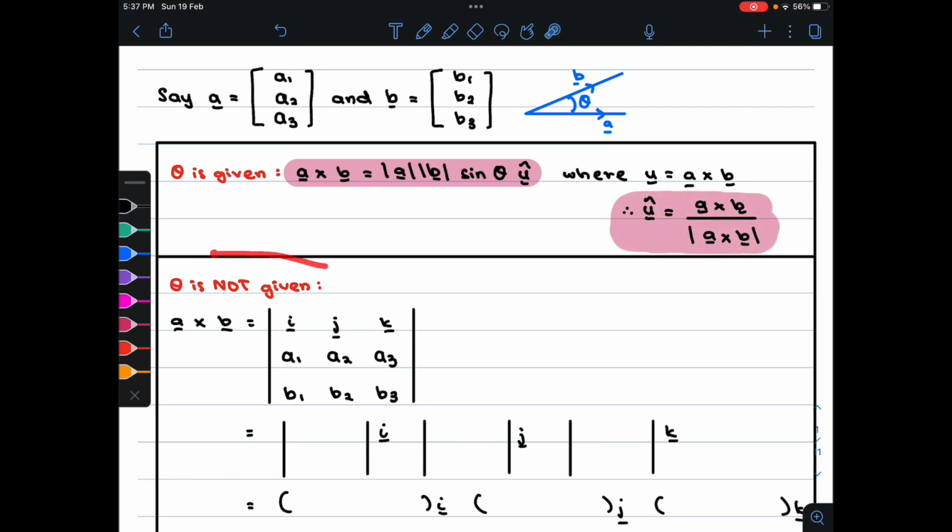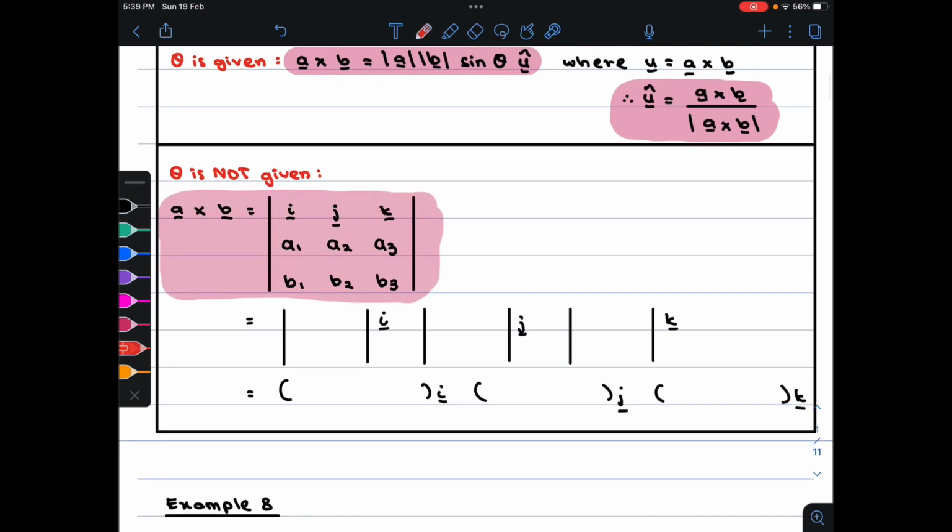Now, what if theta is not given? Therefore, we need to use the concept of determinant. So you're gonna draw a determinant for 3 by 3. In the first row, you're gonna write the unit vectors I, J, and K. For the second row, you're gonna write down the first vector, which is A. And for the last row, you're gonna write down the second vector, which is B. Next, you need to put the plus sign at I, minus sign at j, and plus sign at k.